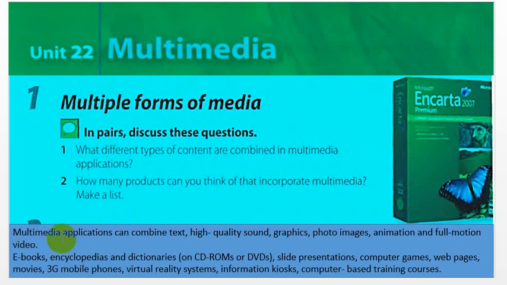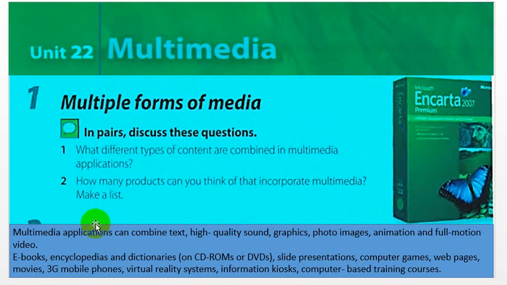This is the answer key. Multimedia applications can combine text, high quality sound, graphics, photo images, animation, and full motion video. How many products can you think of that incorporate multimedia? Make a list.